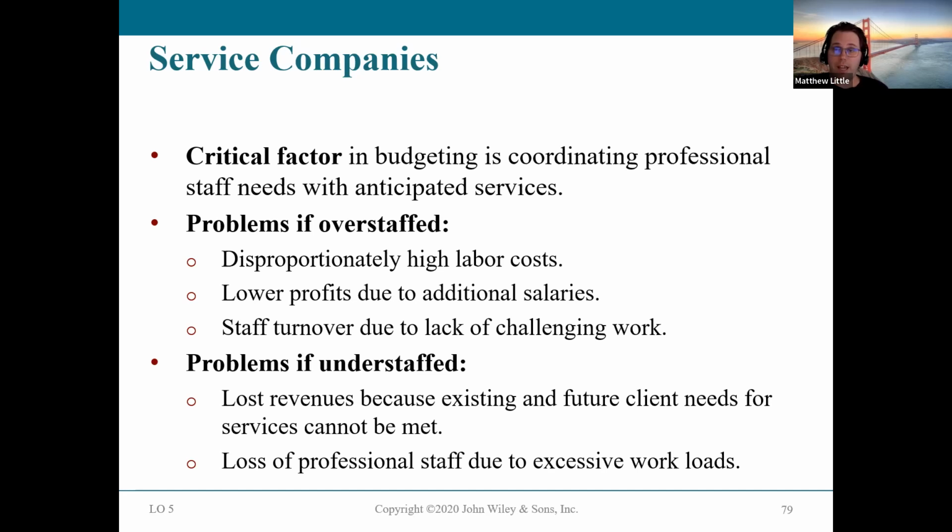If you overstaff, you typically have high labor costs and lower profits, and turnover is more than likely because they're not going to be busy enough. They might not be challenged. But if you're understaffed, you might not be able to deliver quality products. You might lose revenues because you can't meet the need. So finding that balance in the service industry is very hard.